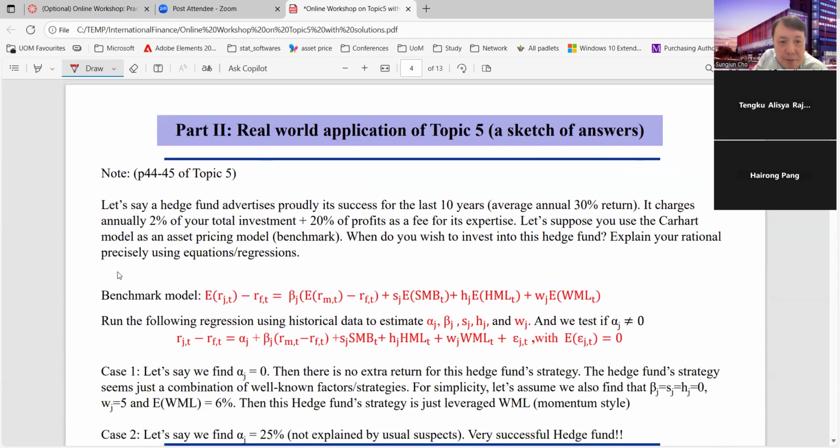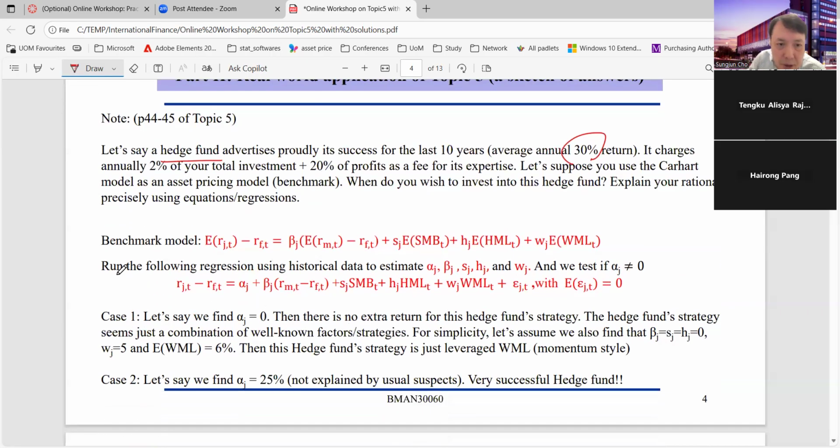Here, a hedge fund advertises they have been very successful by generating 30% returns. In that example, we also used the CART 4-factor model. So now you can see the resemblance. We do the regression here by removing expectations, by adding alpha and error terms, by assuming this one. Then we have two different cases.